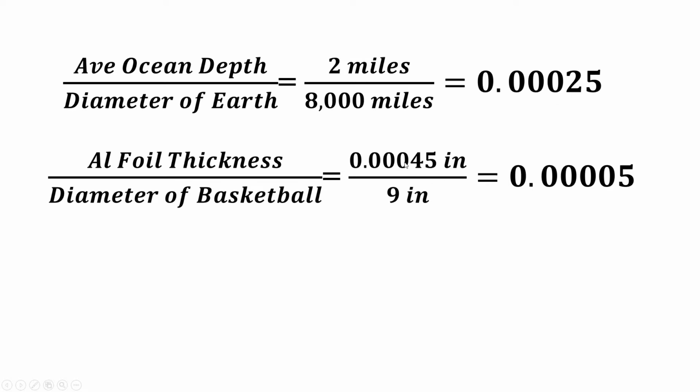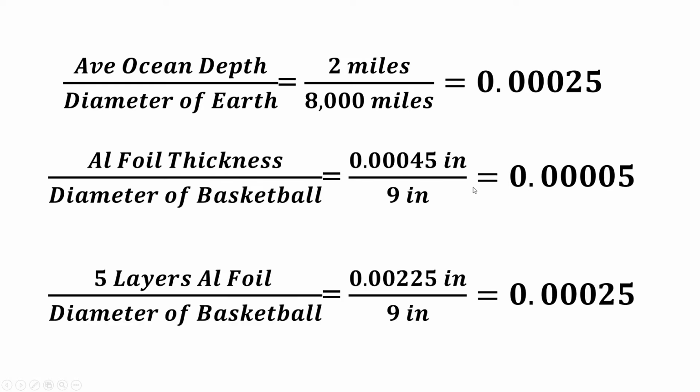We calculated the aluminum foil thickness to be this. The diameter of a basketball is 9 inches, so we get this. So the aluminum foil is too thin by about a factor of 5. If you have 5 layers of aluminum foil, then it's the same as the ocean over the planet.